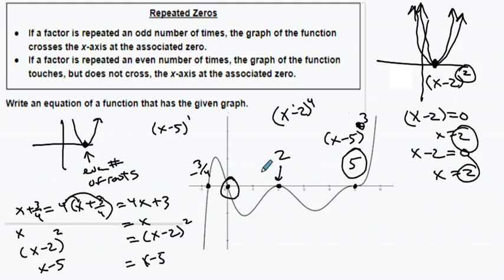We would have to try this out to see which one exactly it is. But given the information we have, one of the equations of this could be f of x equals 4x plus 3. We're going to put this x out front, so that's taken care of.